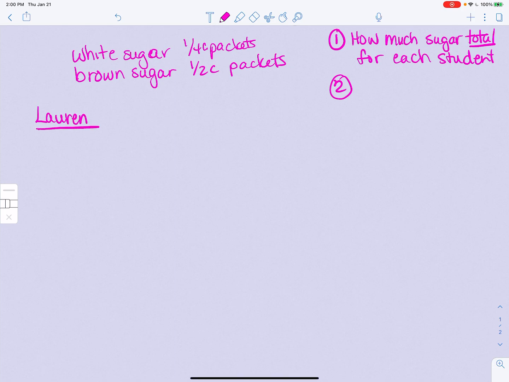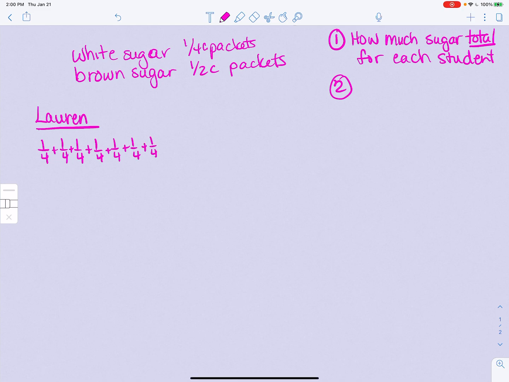What do I want to do with this information? She has 9 packets of white sugar. Okay, so I'm going to do 9 of white. So 1/4 plus 1/4. Oh my gosh, this is going to take forever. I am discovering that there might be a different way. I have 6.